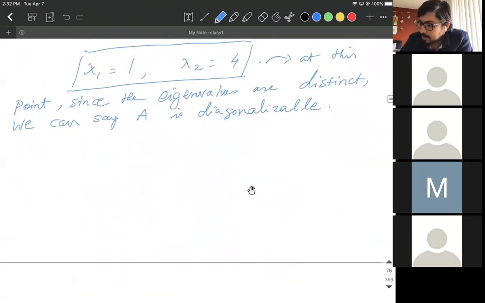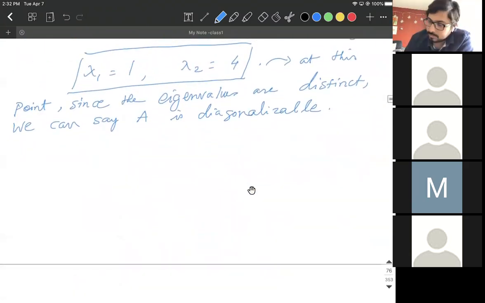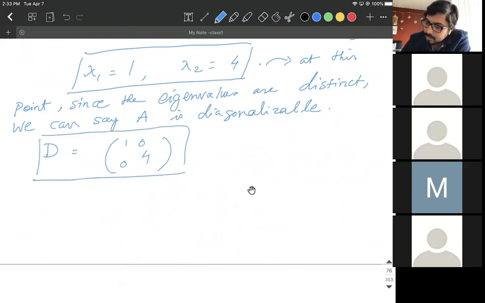What's more, you can even write down the diagonal matrix. The diagonal matrix is given by writing out these eigenvalues as the diagonal elements, and of course 0 everywhere. So this is the D. Now to find P, we need the eigenvectors.